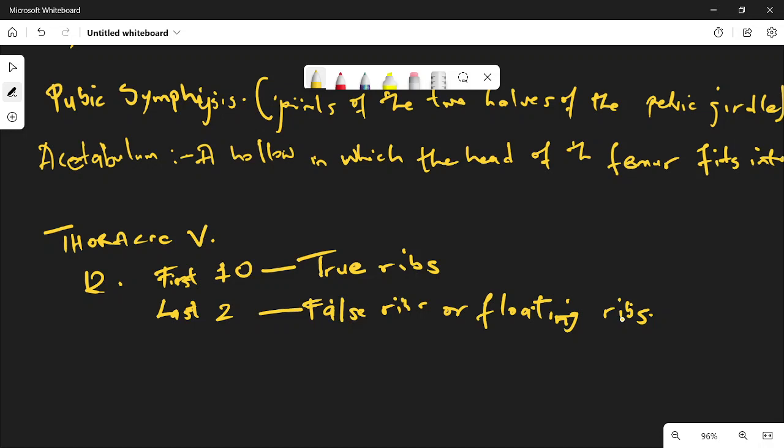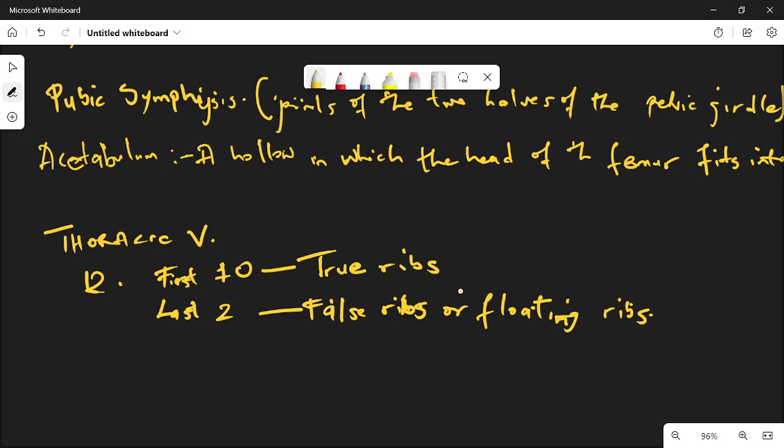That is why when we touch the lower side of our abdomen, you find that there are 2 bones on either side that are not attached like other ribs to the sternum. Those 2 bones on either side of our lower abdomen are referred to as the false ribs. Are we together?